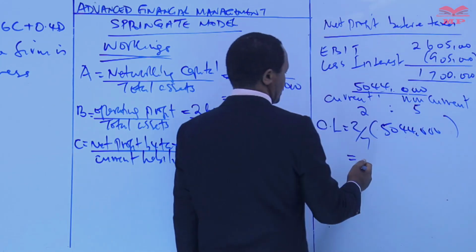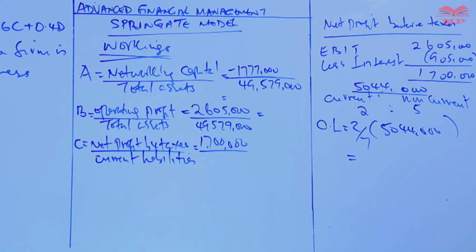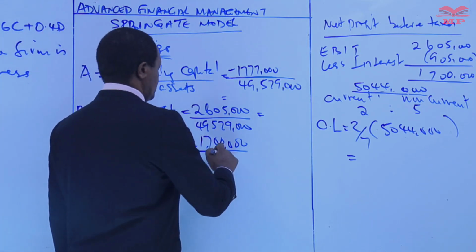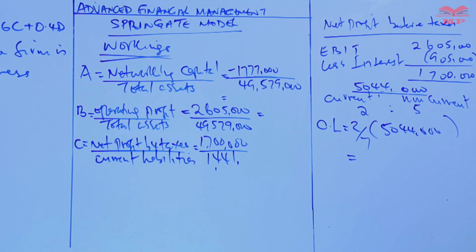So give me the current liabilities. 2 over 7 times 5044. 1441.